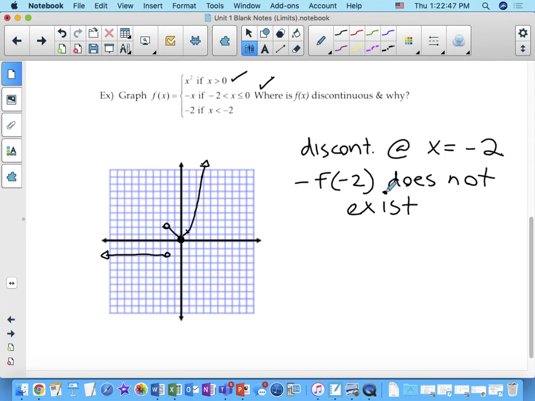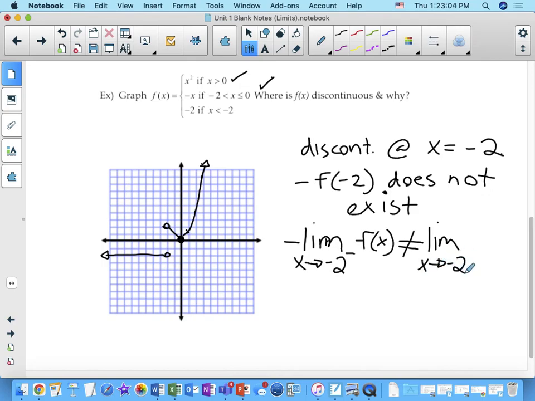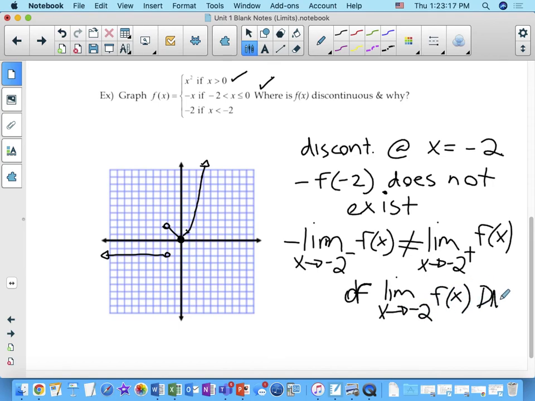So the other thing that you can say is that the limit as x approaches -2 from the left of f of x does not equal the limit as x approaches -2 from the right of f of x, or the limit as x approaches -2 for f of x does not exist.